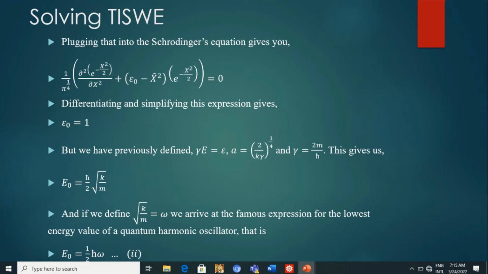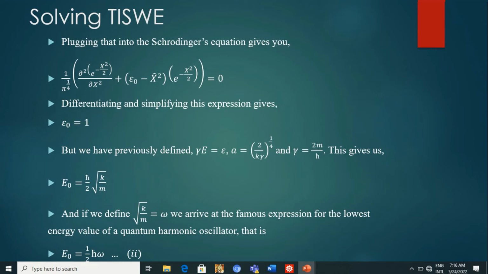We plug that value back into the Schrodinger equation yet again, and differentiating this expression we get epsilon naught to be equal to 1. Previously we defined gamma E to be equal to epsilon, and a to be equal to (2 over k gamma) power 1 by 4, then gamma to be equal to 2m over h-cut.